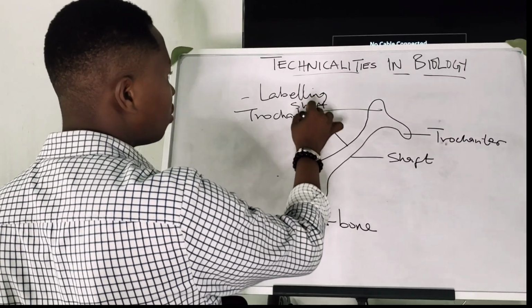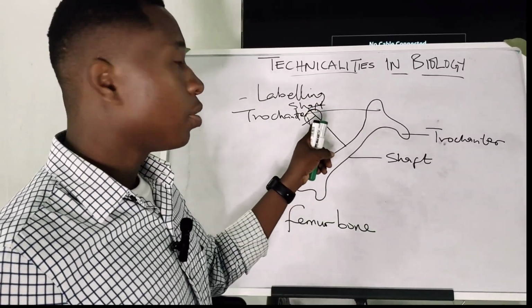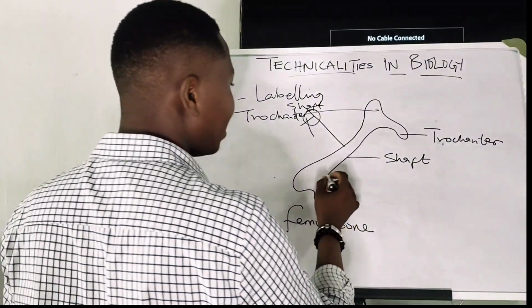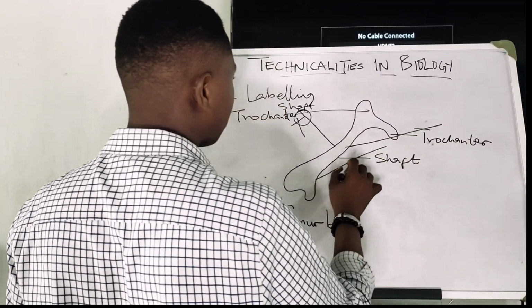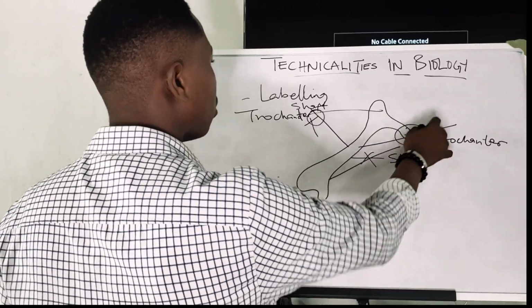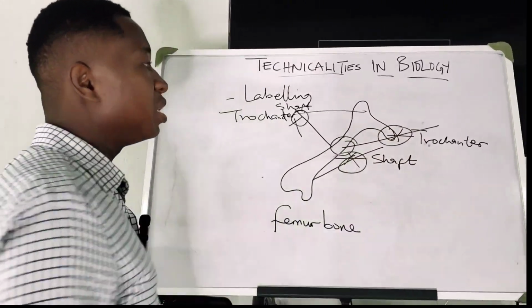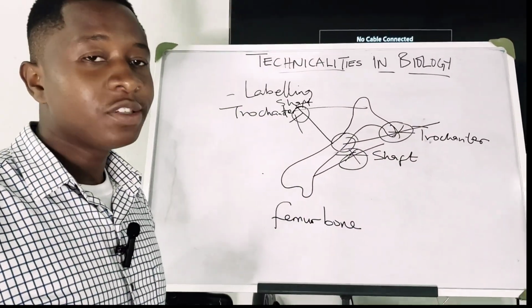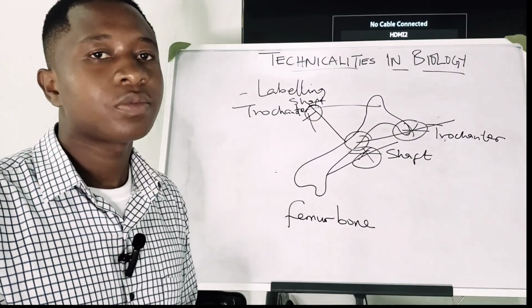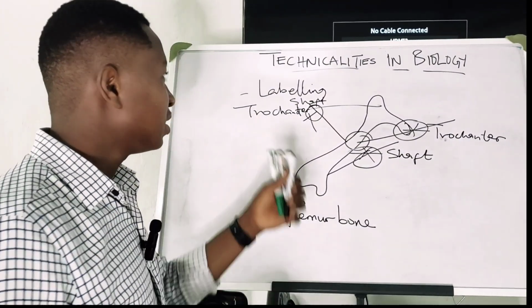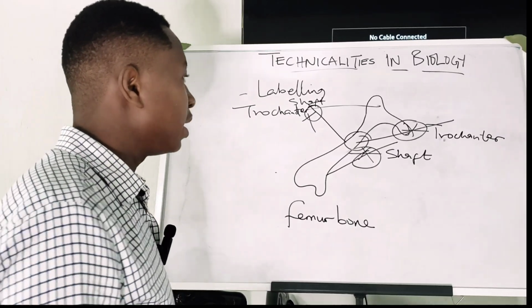This particular thing you have done here is very wrong. When labeling, do not let lines cross each other. Let your drawings and labeling be neat. Let your lines be very neat and distinct. So that is that about labeling.